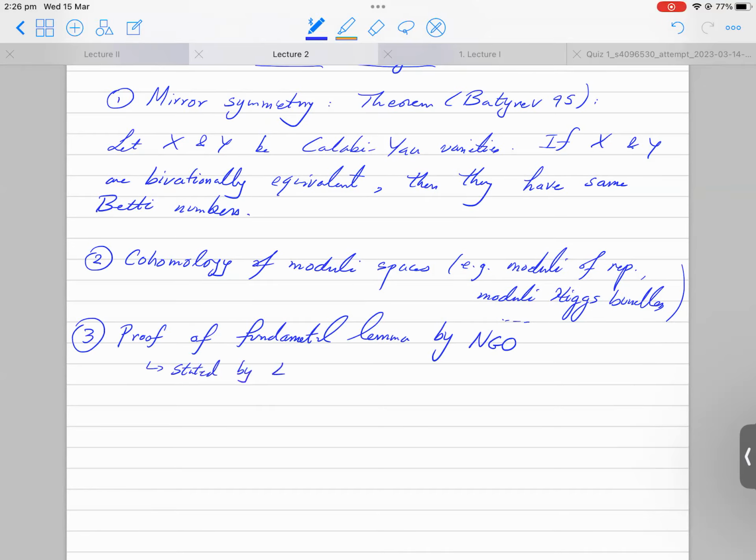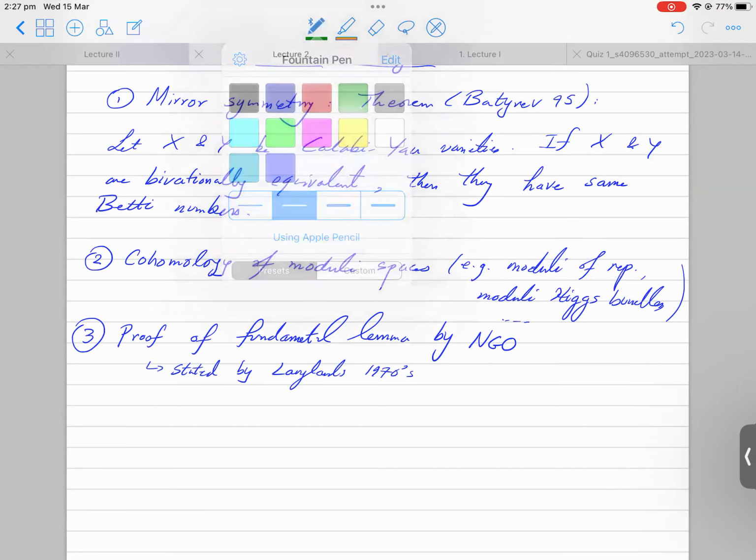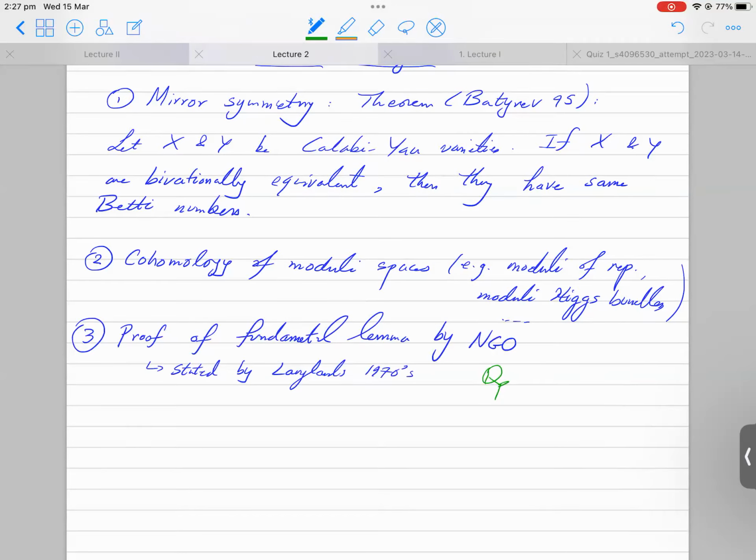A bit of history for you: stated by Langlands, I think first in a talk, and then in some conference or something. And he thought that this is just some lemma that should be given to a grad student to work out. But then it turned out to be absolutely fundamental, as the name suggests, and nobody could prove it. This was a statement about some p-adic integrals, so over Q_p.